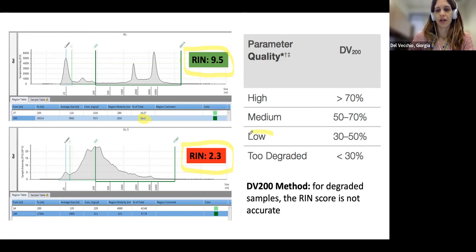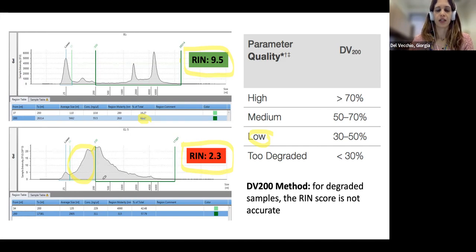When you have a low quality RNA, it means that in this region here you will only have 30% of your sample. So most of your sample is really degraded. In that case, can you still prepare the library? Yes, the library prep will work, but here we are talking about the quality of your final data.